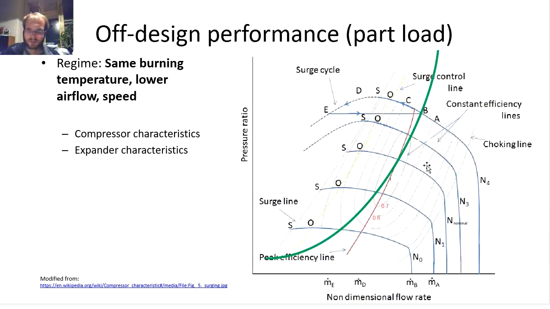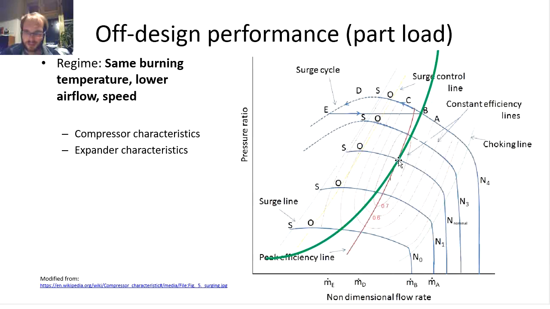Here we have combined compressor and expander characteristics, where let's say the expander characteristics are the same for all the speeds, so it's represented by a single line, and the operating points are crossings of the expander characteristics with the compressor one. So for example, let's say that the nominal operating point is in here, where there is also the maximum compressor efficiency.